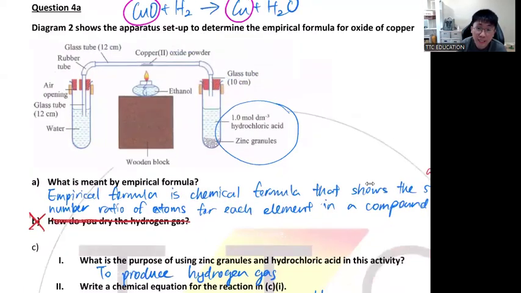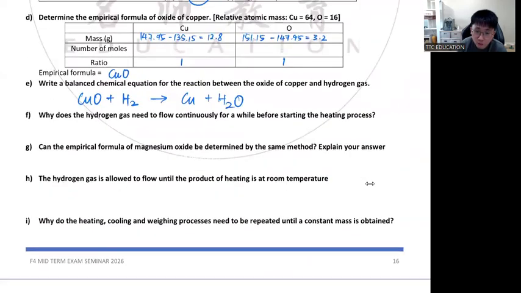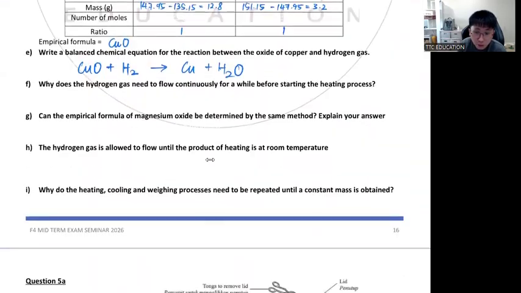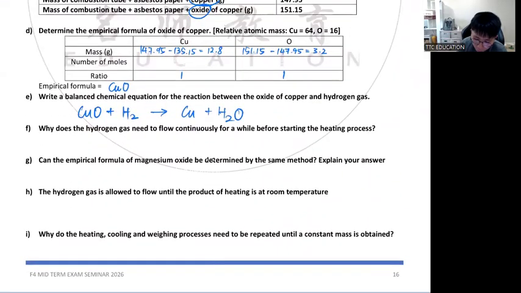It is actually explosive. The idea of the flow is to push out all the air. If you don't push out the air, the H2 explodes when you heat. So basically, we can say that it is to remove all the air in the glass tube.